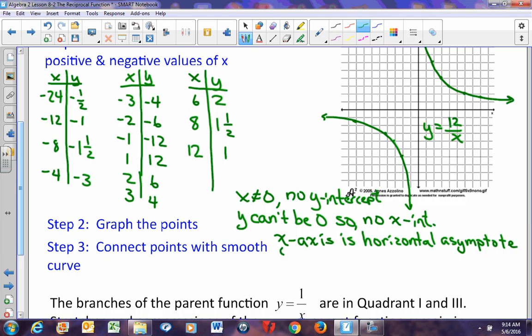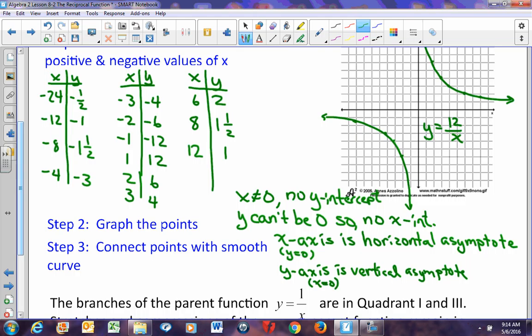The x-axis, or y equals 0, is your horizontal asymptote. Your y-axis is your vertical asymptote. Remember, your vertical asymptote is x equals 0. That's what your y-axis is.